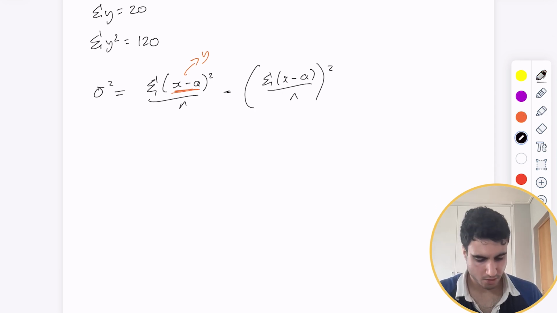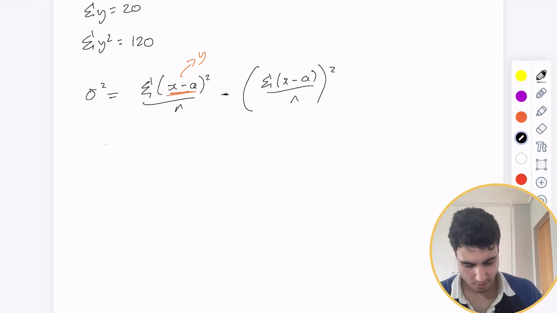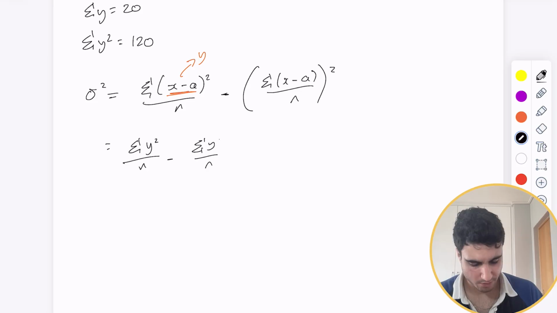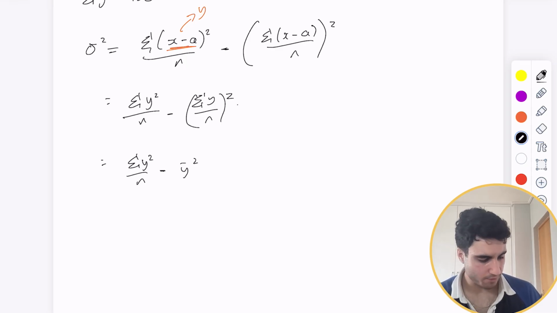So what our equation actually becomes here is the sum of y squared over n, minus the sum of y over n, squared, and this is obviously the mean, right?